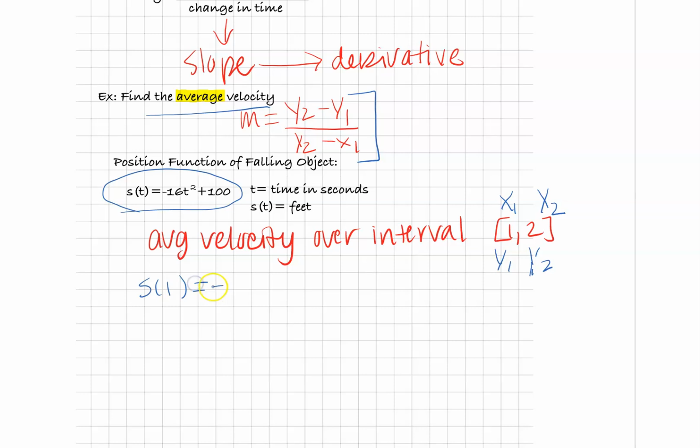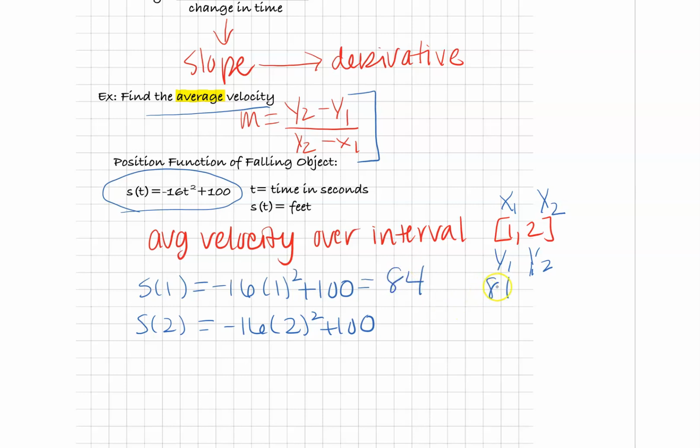So s of 1 would be equal to negative 16 times 1 squared plus 100. And s of 2 would be equal to negative 16 times 2 squared plus 100. So grab your calculator, and when you compute this out, this gives me 84. So that would be my y1. And this would give me negative 16 times 2 squared plus 100.